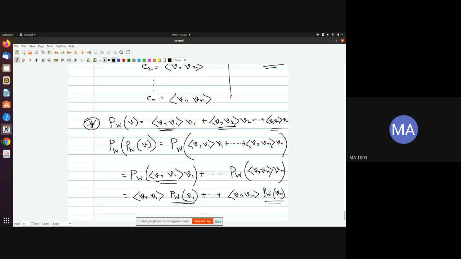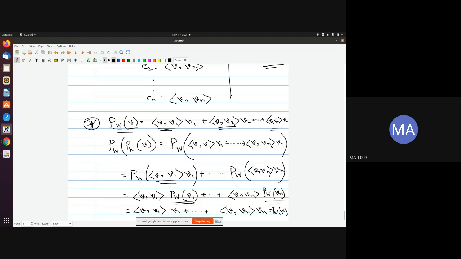Now, can someone tell me what is PW of V1? V1 is a vector of which vector space? W. And if I take the projection of that vector, what will I get? V1, exactly. I will get back the same thing. So it will be again the same linear combination. So this is nothing but PW V, what I get.